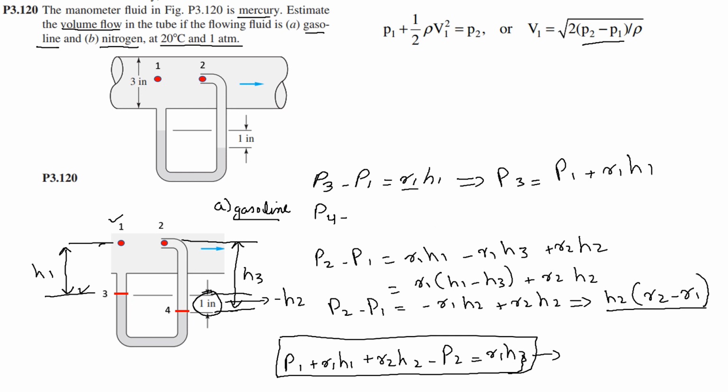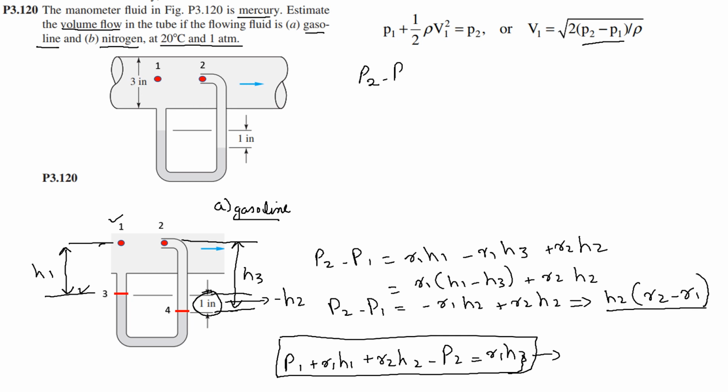So now we will use this equation, that is P2 minus P1 is equal to G H2 times rho 2 minus rho 1.